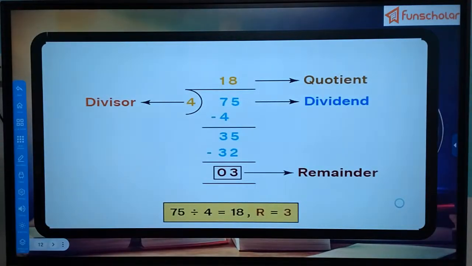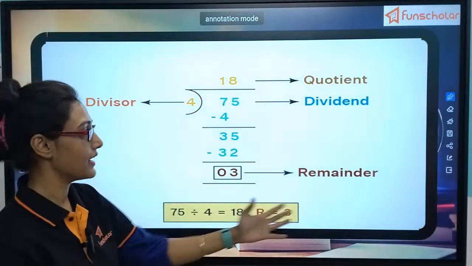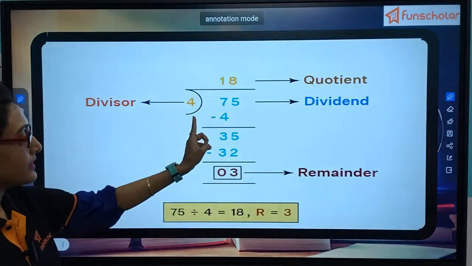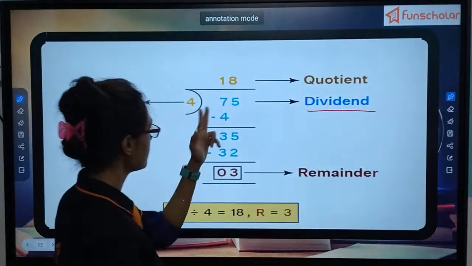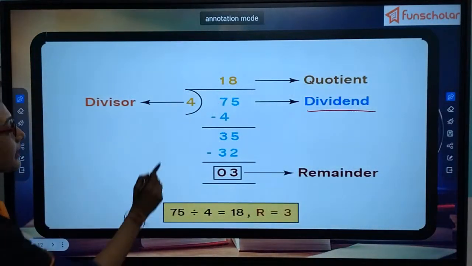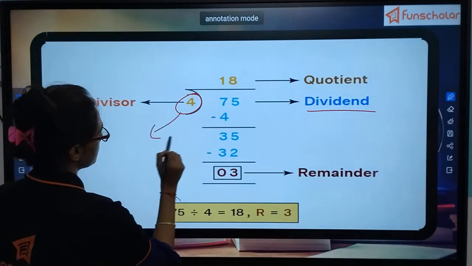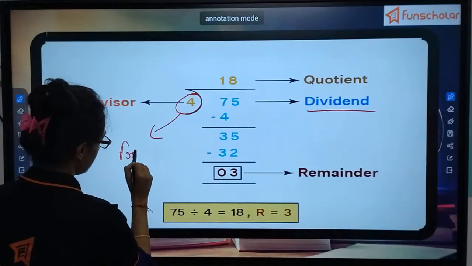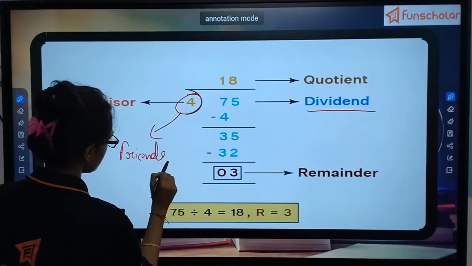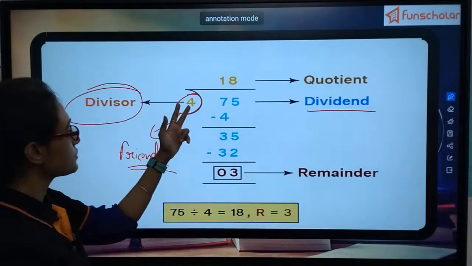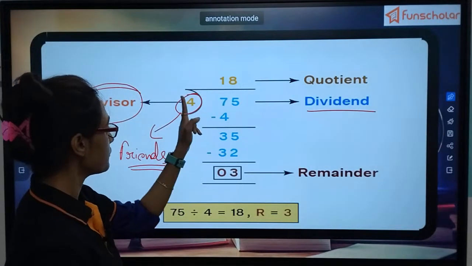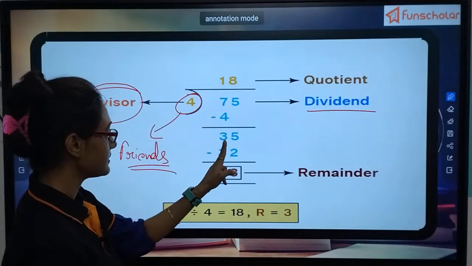Now see how you are dividing. A number like 75 is given, which is the dividend. We are dividing among 4 friends, let's assume. So here 4 is the divisor. 4 ones are 4. Carry 3.